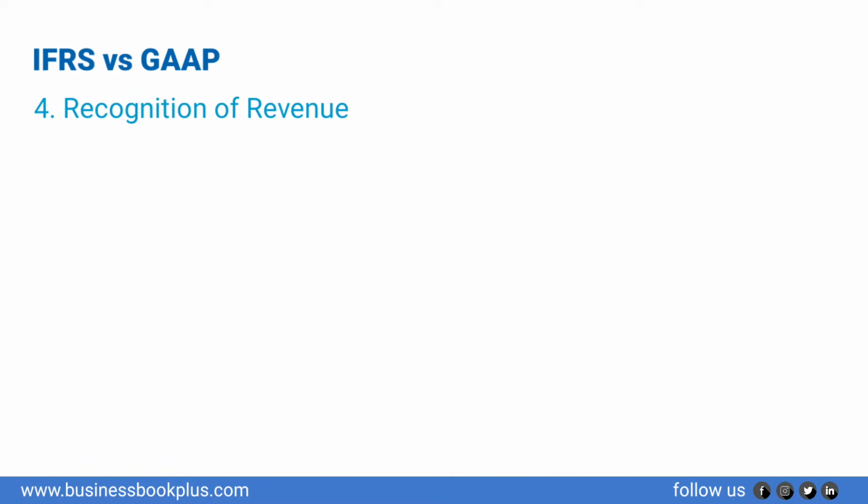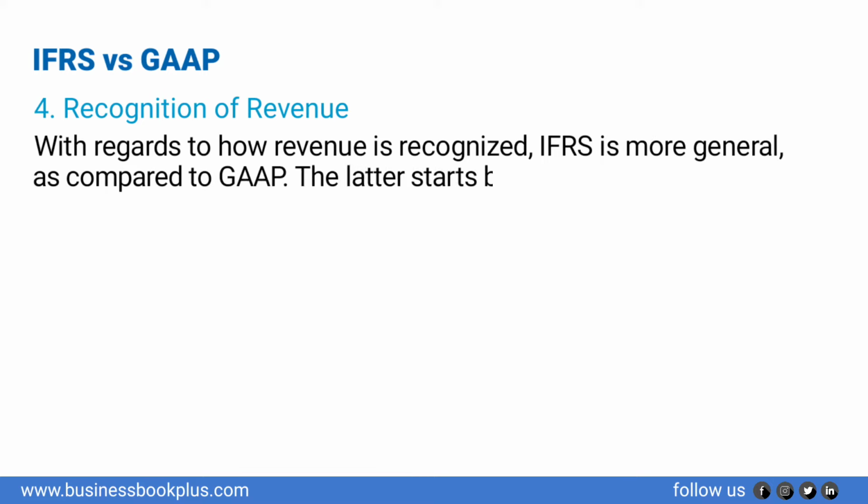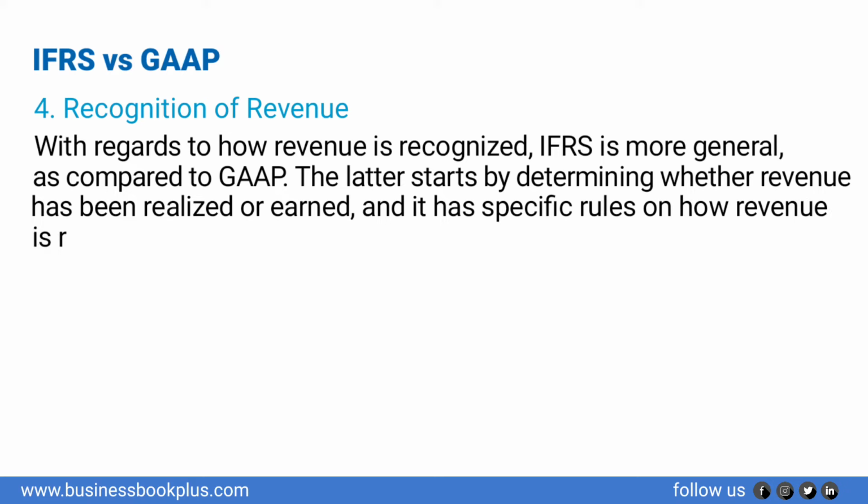Number 4. Recognition of revenue. With regard to how revenue is recognized, IFRS is more general as compared to GAAP. The latter starts by determining whether revenue has been realized or earned, and it has specific rules on how revenue is recognized across multiple industries.